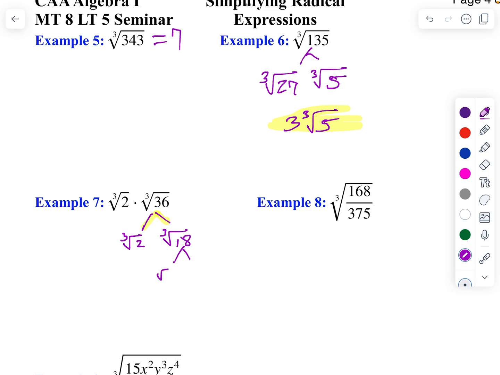I'll do it again. 2 goes into 18 9 times. And then 9 is 3 times 3. Now it's prime factorized. Notice there was this cube root of 2 to start with, times the cube root of 2 times the cube root of 2.